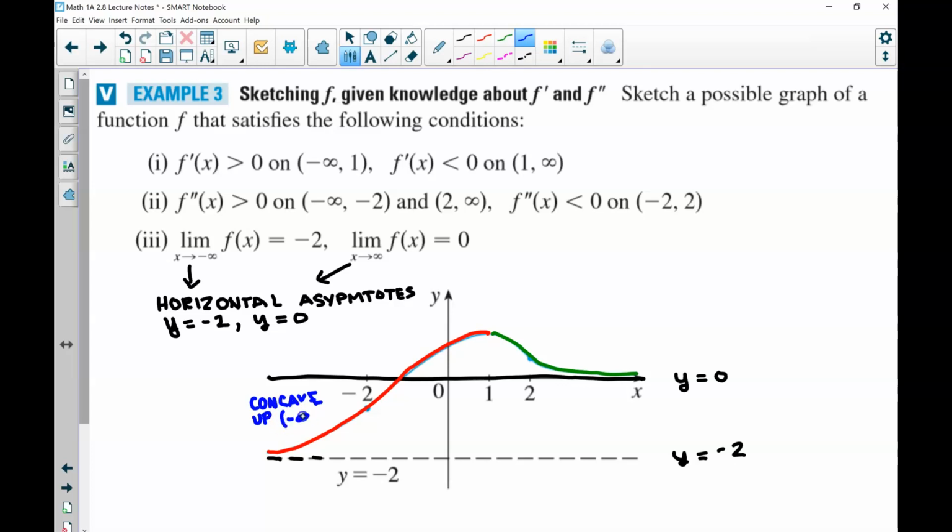So it's concave up from negative infinity to negative 2. That means it's approaching this concave up here. Okay, and then where else is it concave up? Well, it's telling us that it's going to be concave up from 2 to infinity.